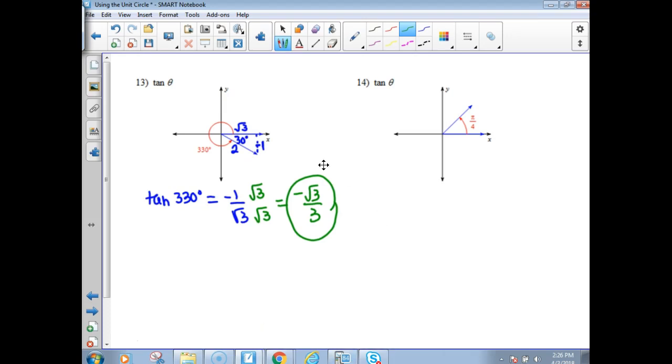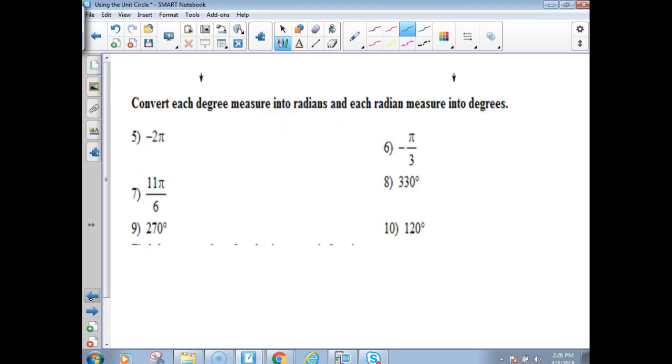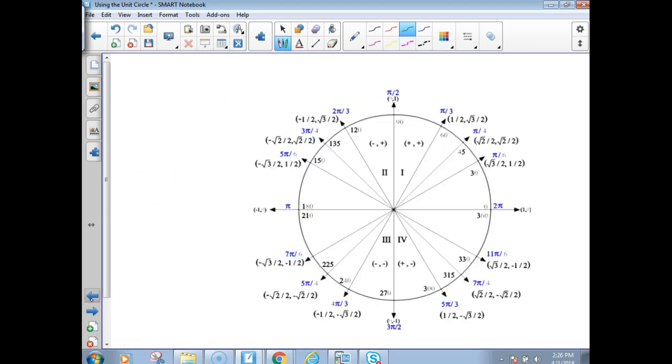Now, there is another way to get it, but it's harder than this, and that would be just off of your unit circle. So let me show you how that could have worked. If you go to your unit circle, 330 is right here. And tangent is y over x.